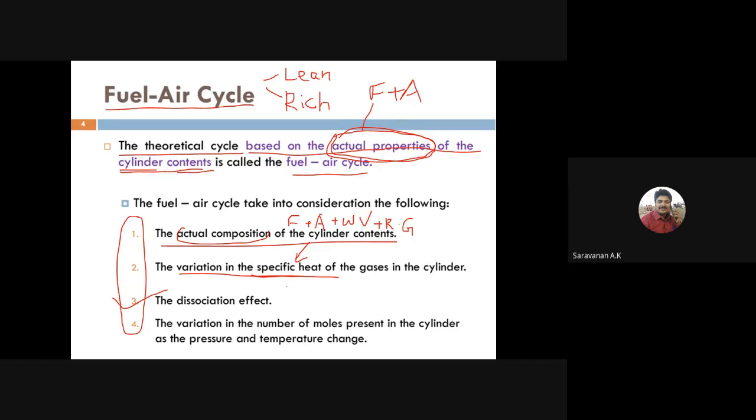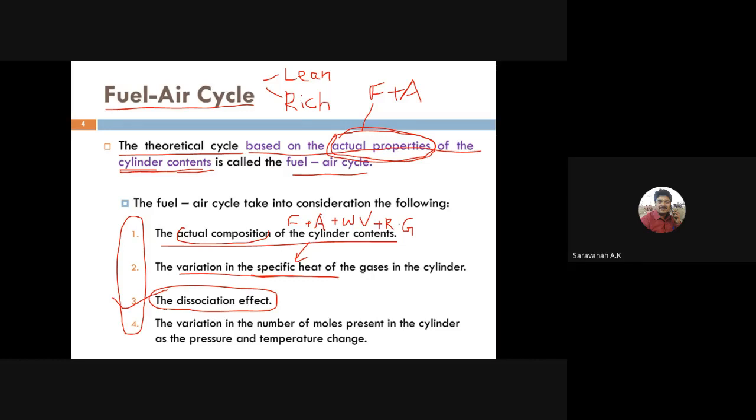So what are the effects? That we have to study. That is called the dissociation effect, the disintegration of the components, and how it can affect the engine in the operating condition.